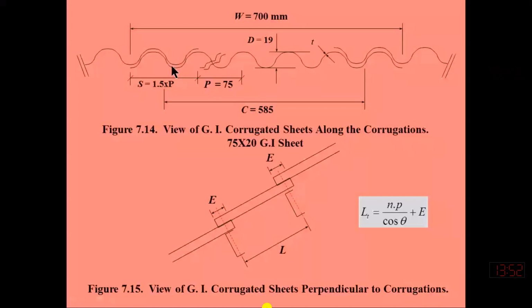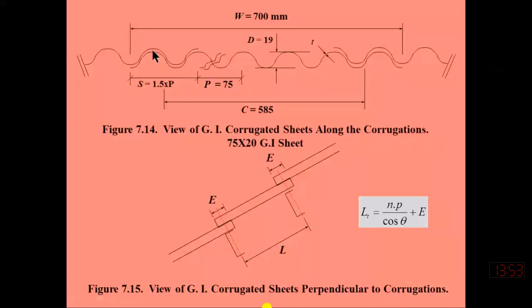From here to here we have one corrugation, or one pitch, and from here to here we have half a corrugation. Our total side cover from here to here is equal to 1.5 times the pitch that we must provide, and then we place the bolt or the fastener here to connect the sheets along the side. You can see here.